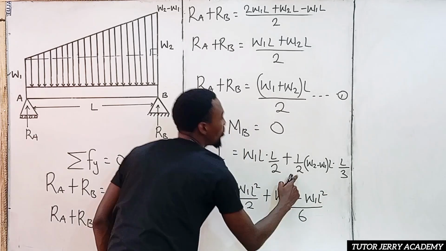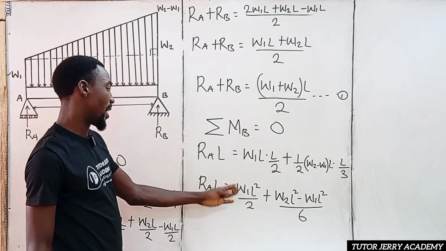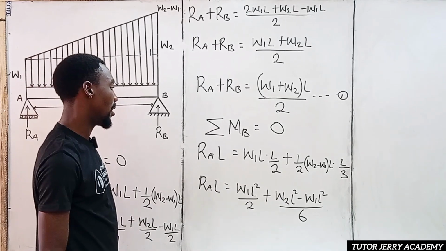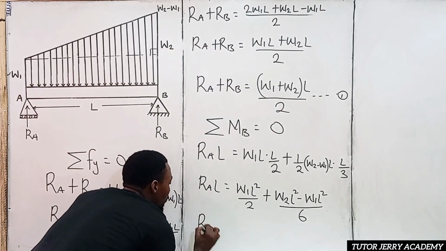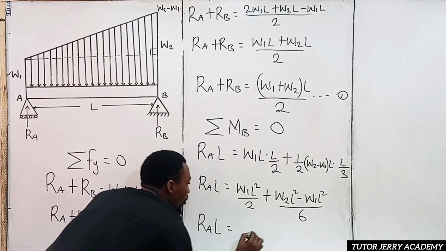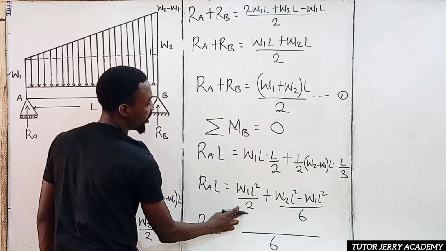All over 6. 2 times 3 is 6. Alright. So again, we can collect the LCM. So we can say that R subscript AL will be equals to, the LCM of 2 and 6 is what? 6. 2 in 6 is 3.